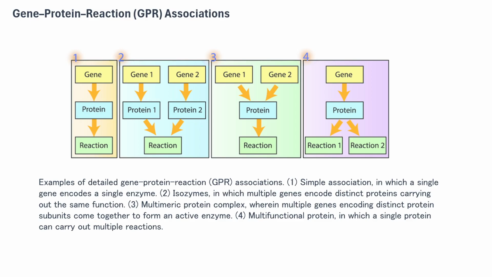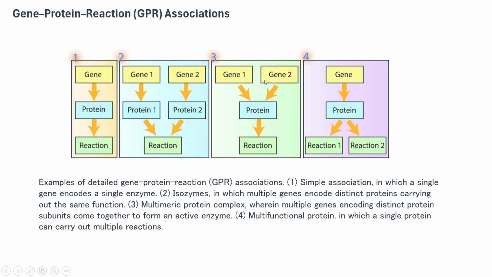Or there can be another association, a multifunctional protein. It's one gene giving one protein, but that protein is involved in many reactions. This is a very common phenomenon that we see in cells.